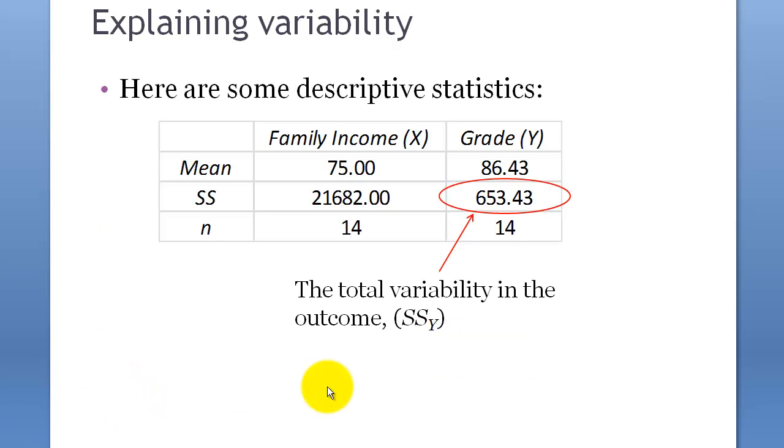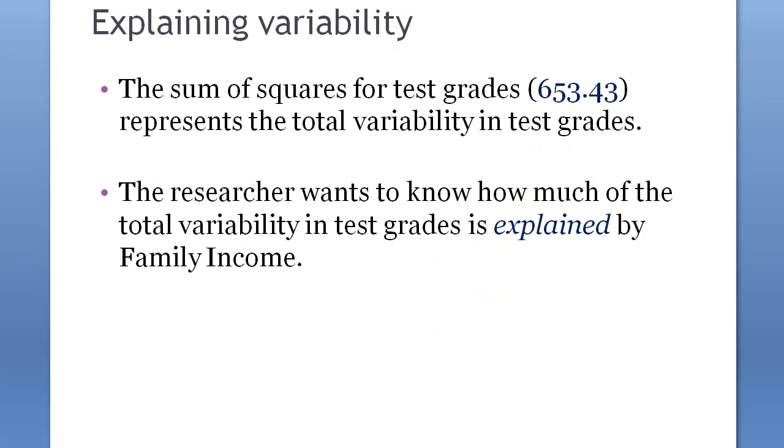Total variability in the outcome is this. So this much variability existed in the sample to begin with. The sum of squares for test grades represents the total variability in test grades. So the researcher wants to know how much of the total variability in test grades is explained by family income.